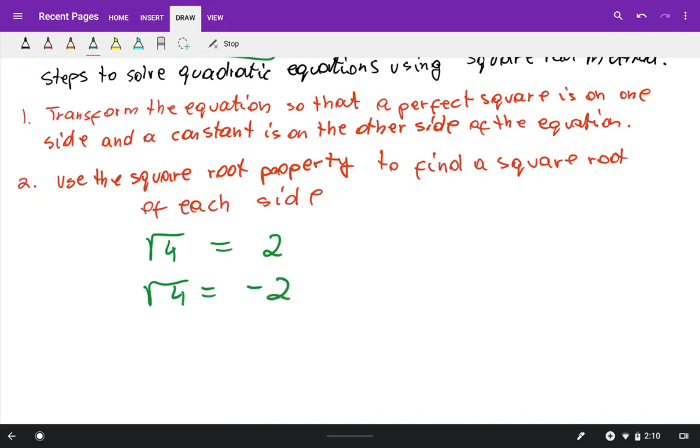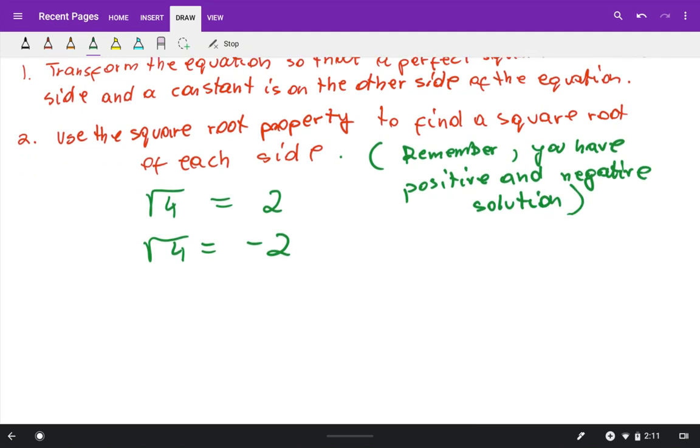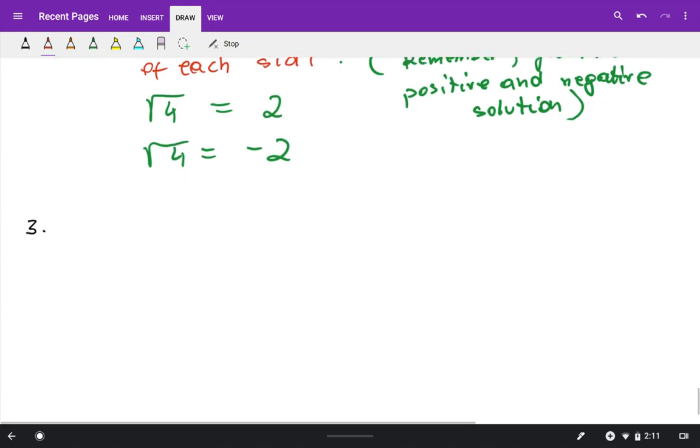So remember, you have positive and negative solution. Okay, we're going to see that. Next, 3. Solve each resulting equation.